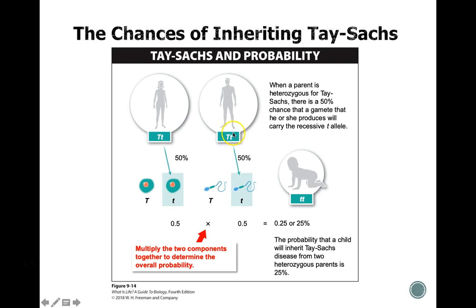There's a 50% chance that he is going to pass on that recessive allele. So to determine the probability that their child could inherit Tay Sachs, we're going to multiply mom's probability, 0.5, times dad's probability, 0.5. So the overall probability that they would have a child with Tay Sachs is 25%, or 1 in 4.